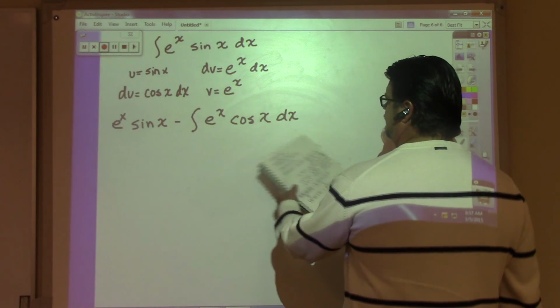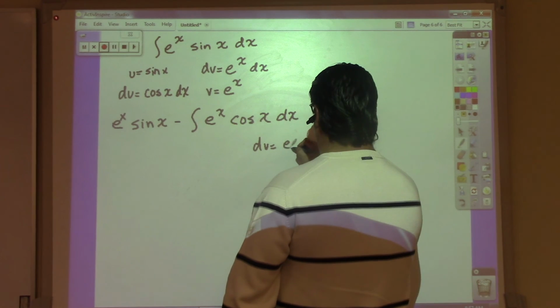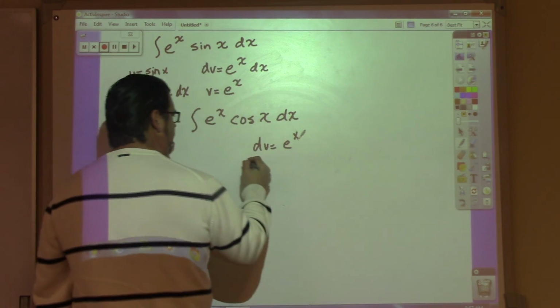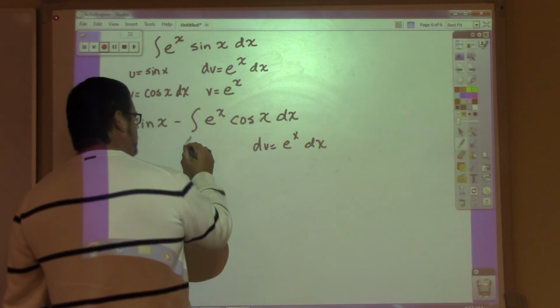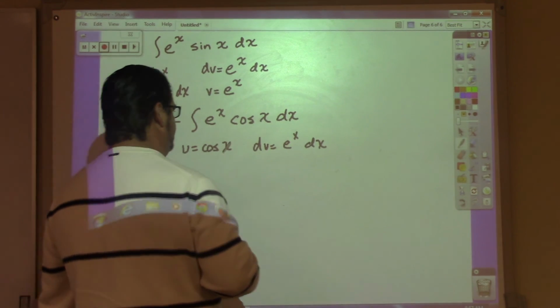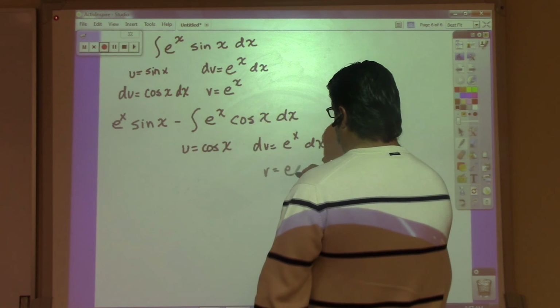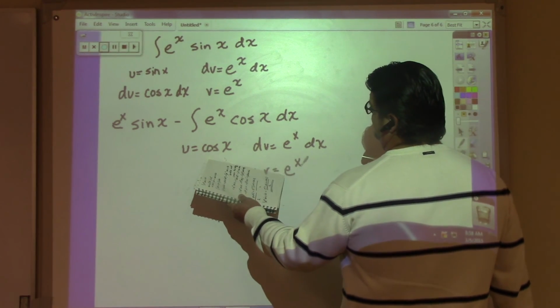Start it over. dv is equal to e to the x dx, and u is equal to cosine of x. v is equal to e to the x. The derivative of the cosine is what?